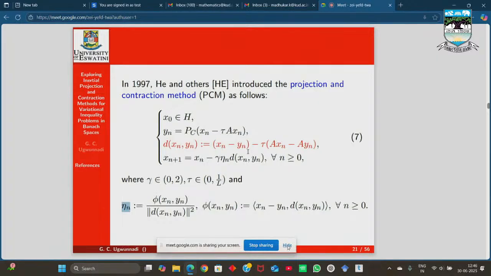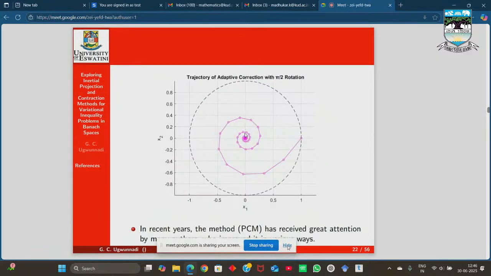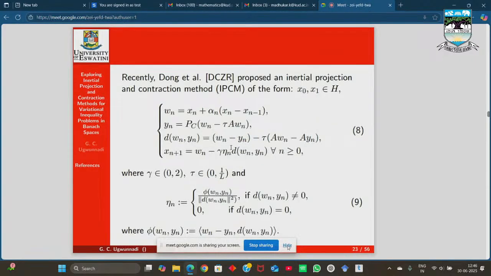But the problem here now is that the projection and contraction method, for a long time, has only been in Hilbert space. We have not seen how to take it to Banach space, and that is the essence of this work. This is the trajectory using the operator also. We are going to concentrate more on the projection and contraction method, where they introduce a momentum.